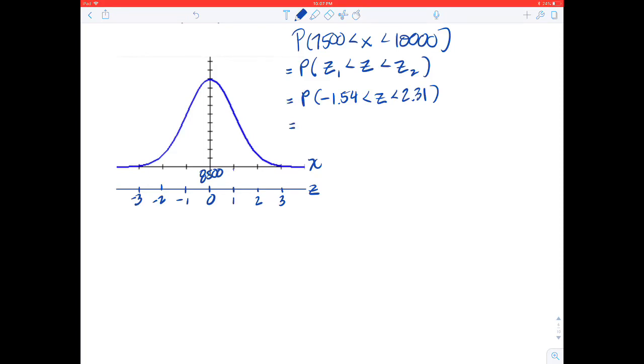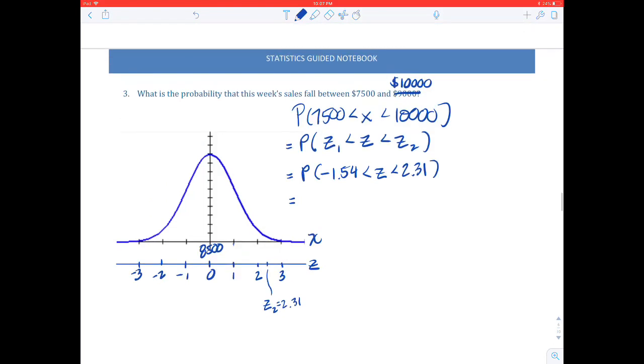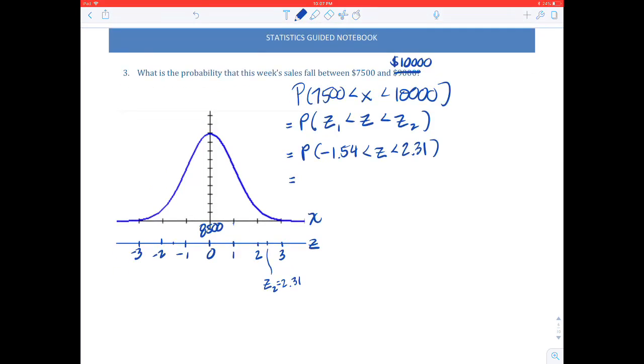And recall that that is equivalent to, if we look at these regions, 2.31, that's z2, and negative 1.54 would be about here, would be z1, both approximate. So we would have these boundary lines, right? So we're interested in this region here, right?